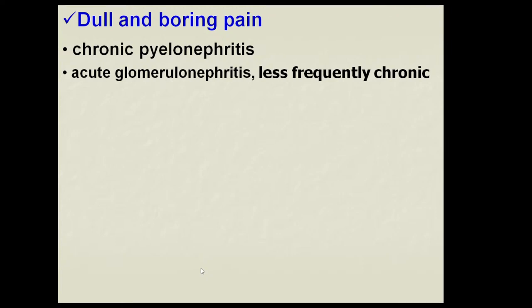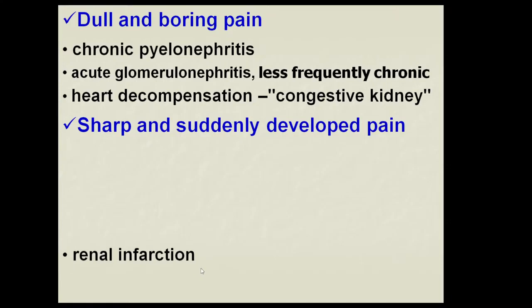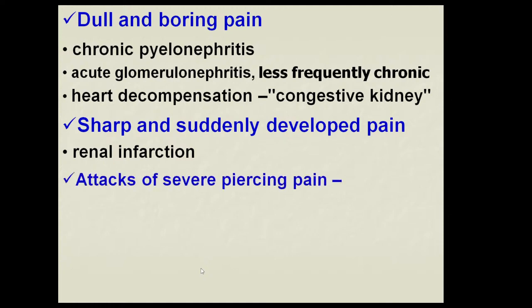Glomerulonephritis usually isn't manifested with pain, about which we'll say later. Congestive kidney, a result of heart decompensation, is also characterized by dull and boring pain. Sharp, suddenly developed pain is characteristic for renal infarction.